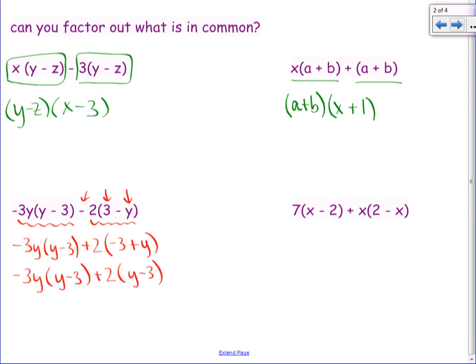All I did was rewrite the second parenthesis. So now there's something in common that we could pull out front. Okay, what's that common thing? The y minus 3. So if we take a y minus 3 from here and a y minus 3 from here, what's left? So that's factored.